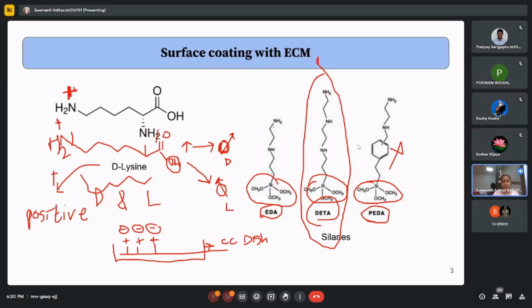So that is why DTA silane is used as a synthetic extracellular matrix for coating the substrate, and the cells can adhere to the substrate using this. So these are the two synthetically used ECMs that Sir was talking about in his lectures.